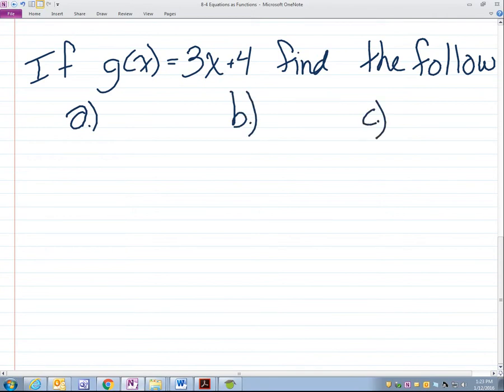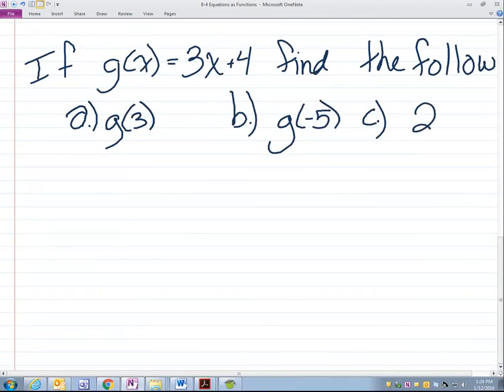So here's 3 examples: g of 3, g of negative 5, and then we have one that's going to go 2 g of 0, sorry.